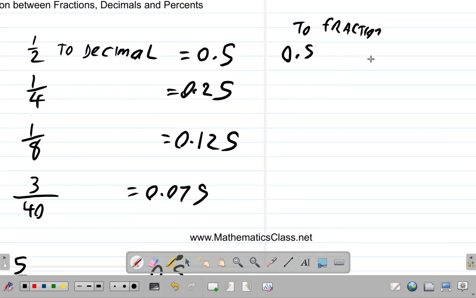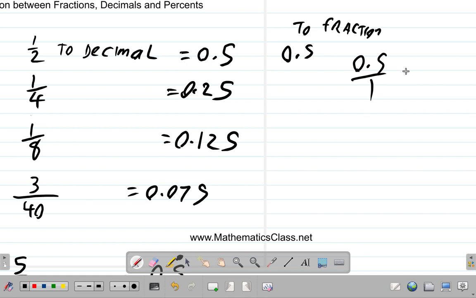0.5 back to fraction. What you have to do is consider 0.5 as 0.5 over 1, right? Now, you want whole number over whole number. Which number can you multiply 0.5 by to get a whole number?